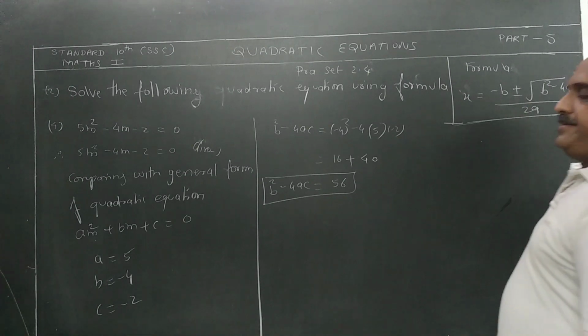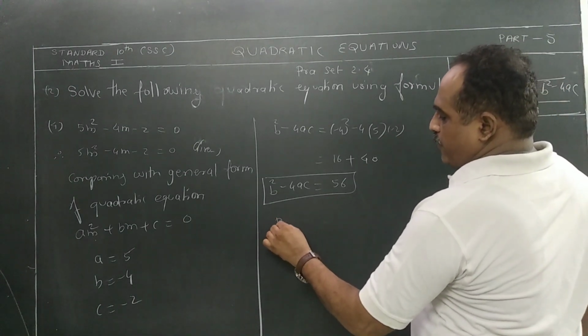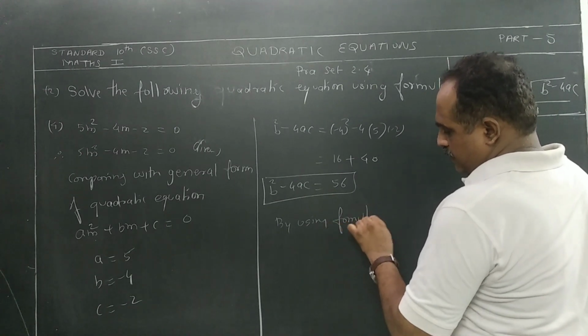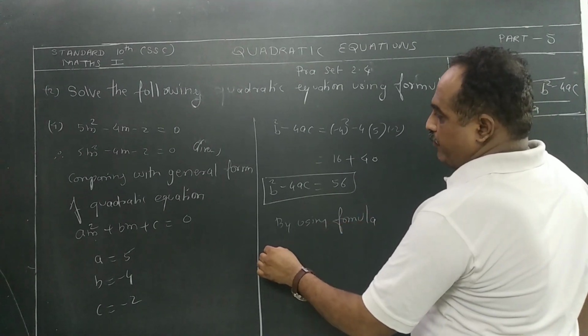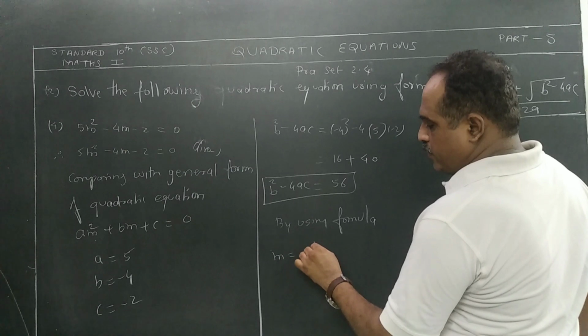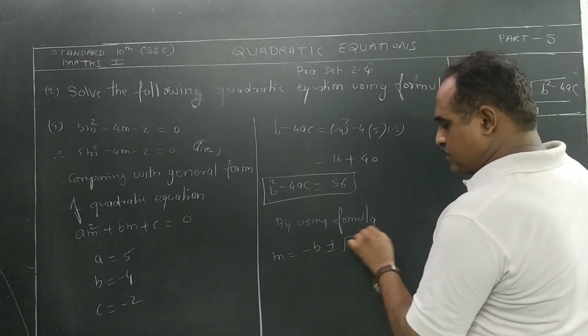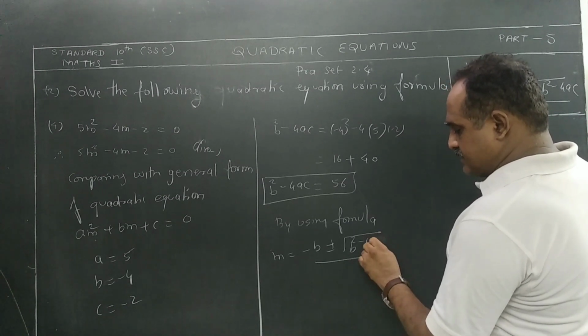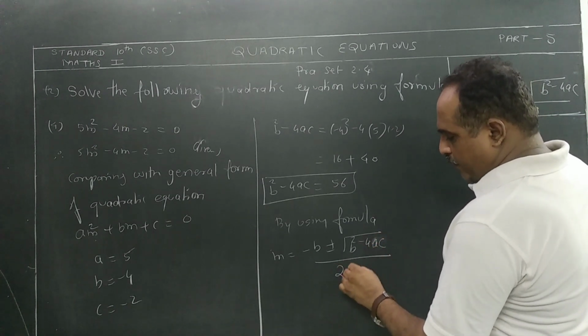Once you got that, then you are going to write by using formula. What is that? m is equal to minus b plus or minus root of b square minus 4ac upon 2a.